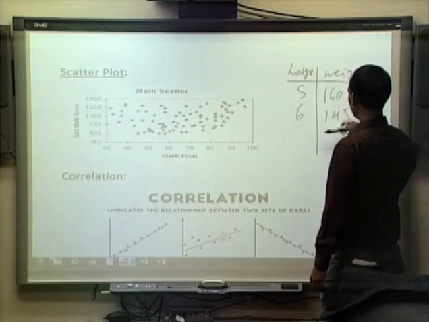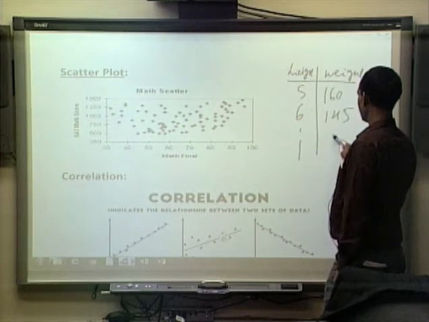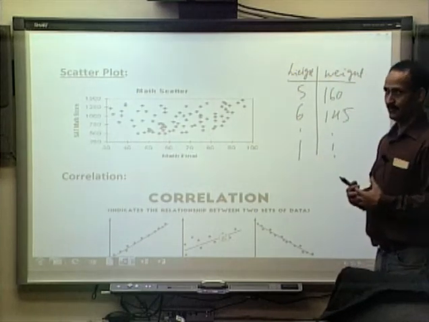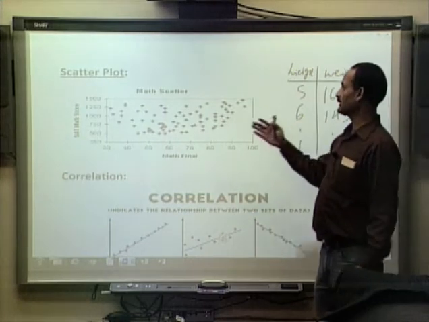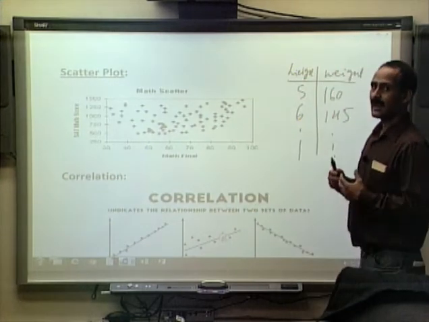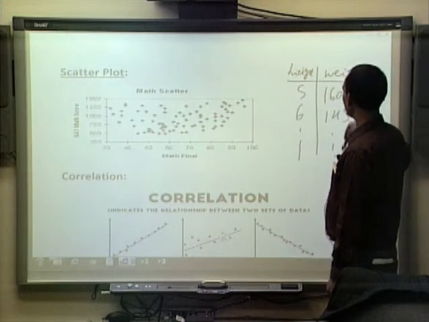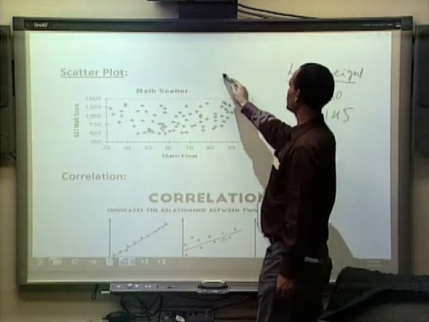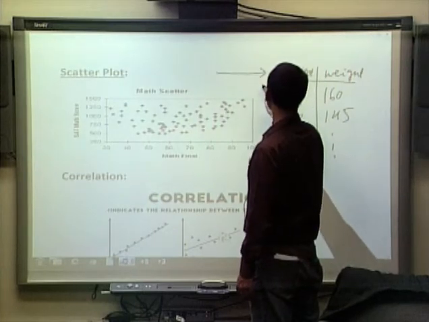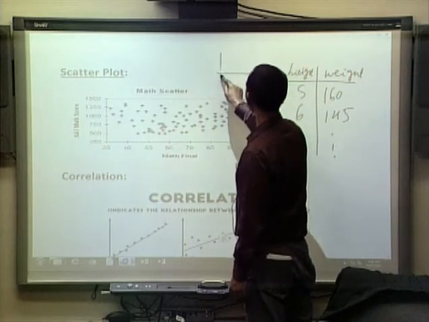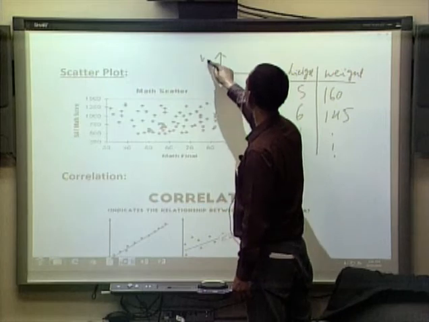Now, in order to represent this data, we use a graph called a scatter plot. A scatter plot is simple. One of the 2 observations we are making here should be on the horizontal axis. So, we may say the horizontal axis is height, and the other observation should be the weight.